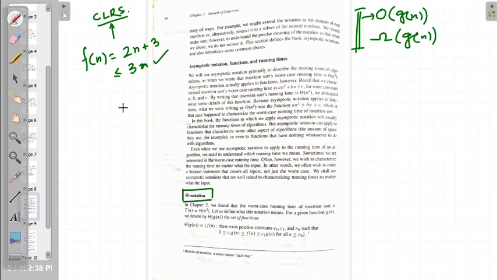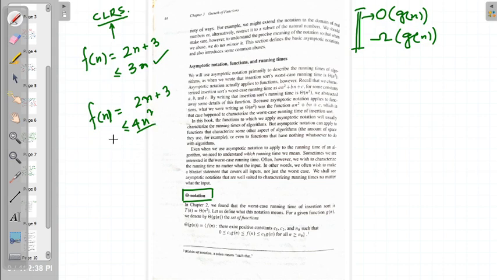If some of you argue that by definition we can also write that 2n plus 3 is less than or equal to 4n square, that is true, because if it is less than or equal to 3n, then definitely it will be less than or equal to 4n square for some values of n greater than or equal to n naught.